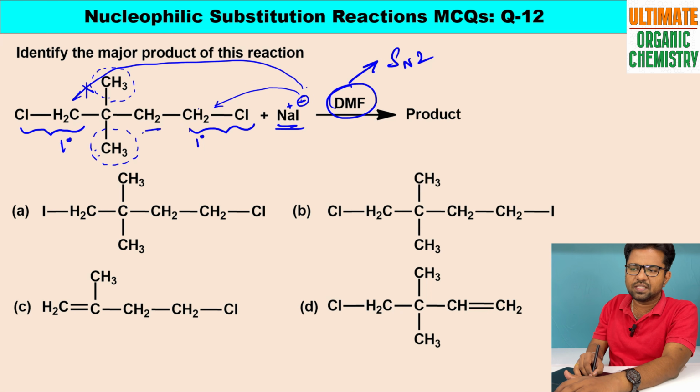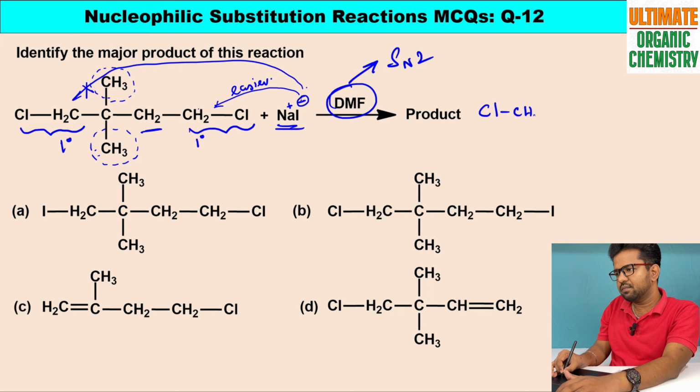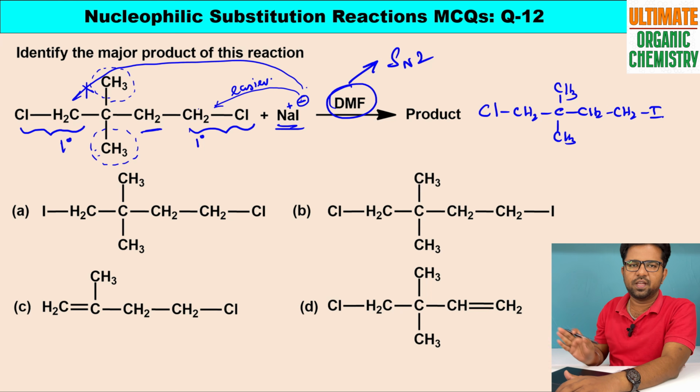It has 2 hydrogen atoms which will not cause much steric hindrance. So the attack will be easier. So this leads to the formation of a product like this. Selectively, one of the chlorides will be substituted by iodide. So you can call this a chemoselective reaction. So the right answer is option B.